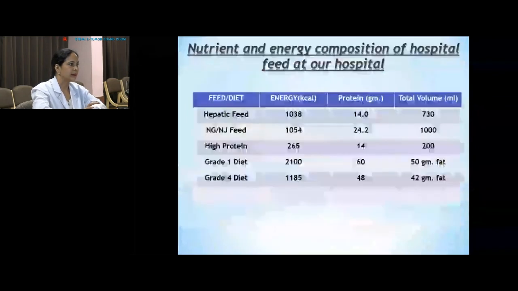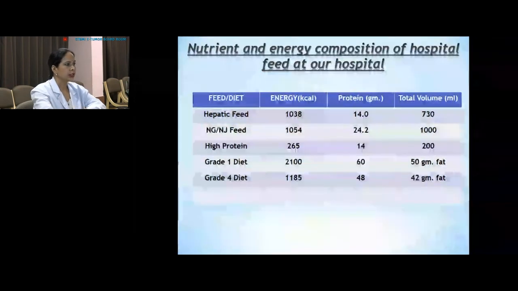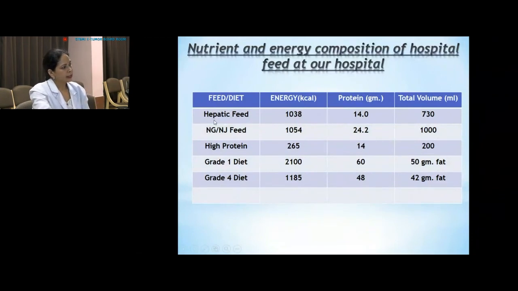Nutrient energy composition of hospital feed at our institute. In general, in my institute we provide this kind of feed, a hepatic feed. During the acute phase of hepatic encephalopathy in grade 3 or 4, we provide a 1000 kilocalorie feed at a time.